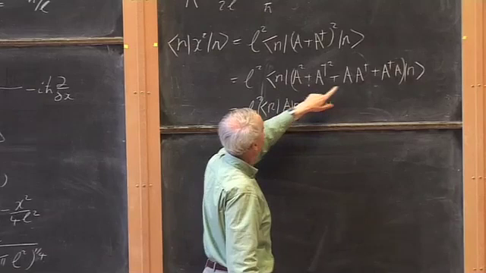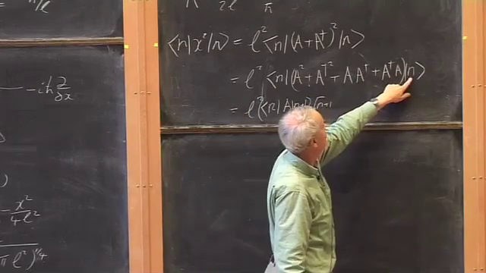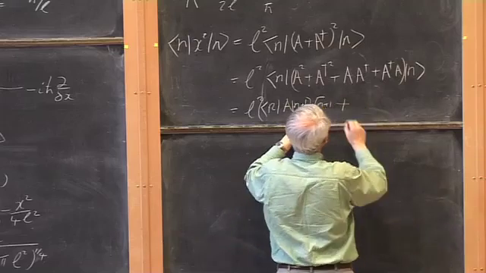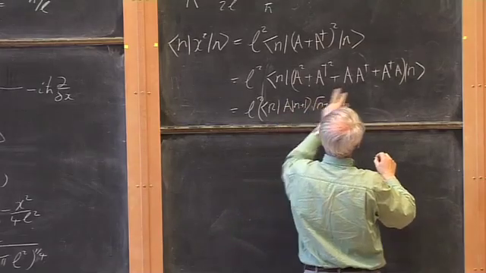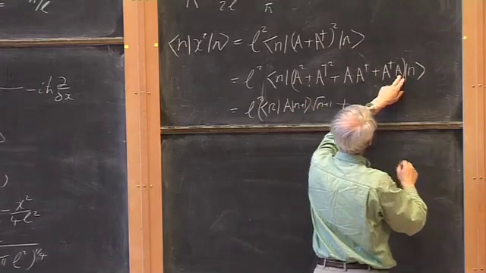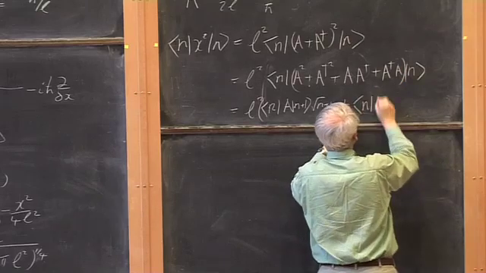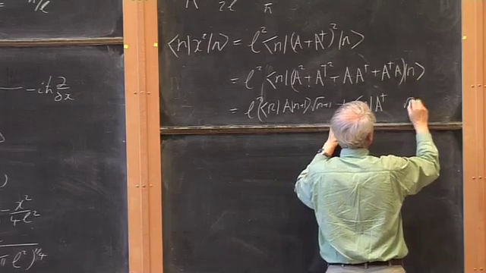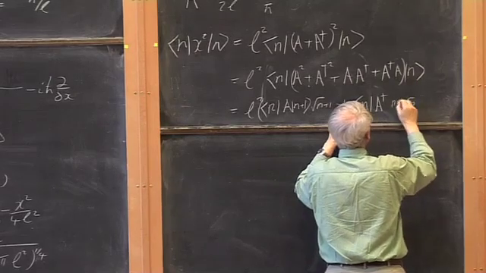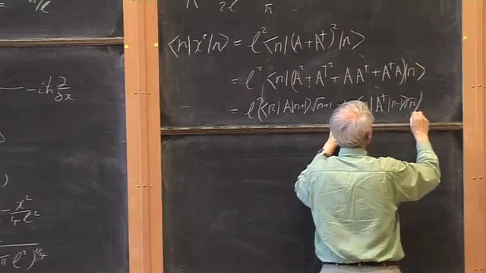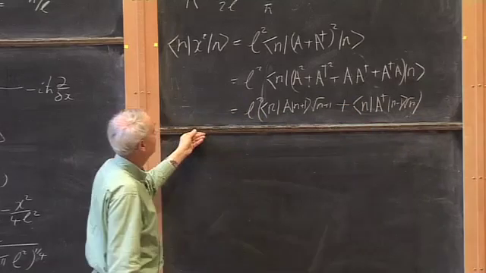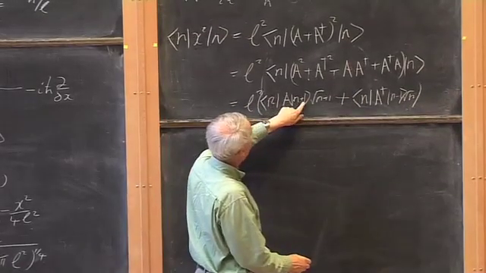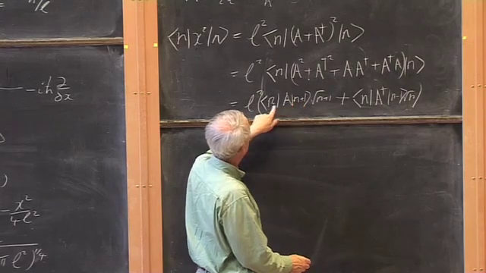Right? This A dagger, working on that, will produce root n plus 1 times n plus 1. And now I've left the other A to be done, and here we're going to say that this is equal to n A dagger times the result of A working on that, which is root n times n minus 1. Remember, it's the square root of the largest integer occurring in the equation.